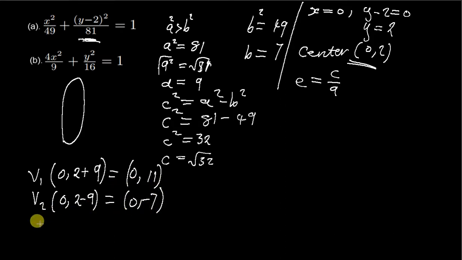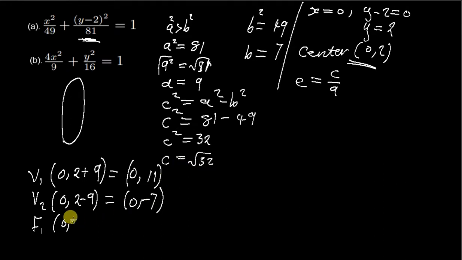Then from there we can also find the foci, since we've been told to find the vertices and the foci. To find f1, 0 will still be 0, but this time around we're going to be adding c and subtracting c from the y coordinate.